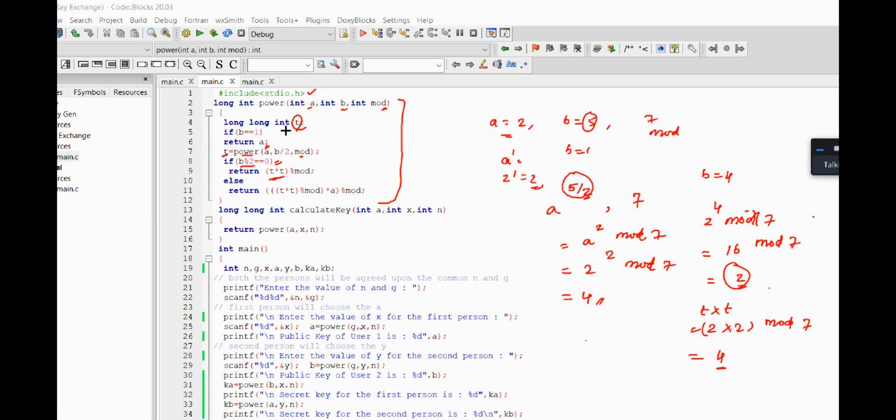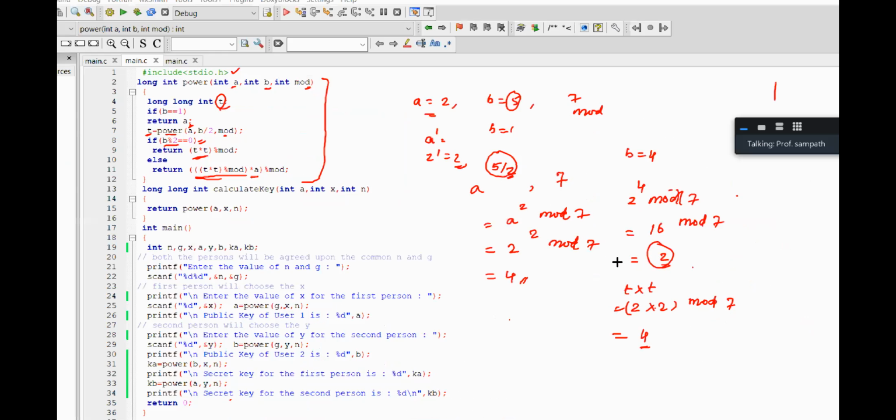Otherwise, if b modulus 2 is not equal to 0, in that case what we need to do is take whatever value we calculated, t multiplied by t mod, multiplied by a.